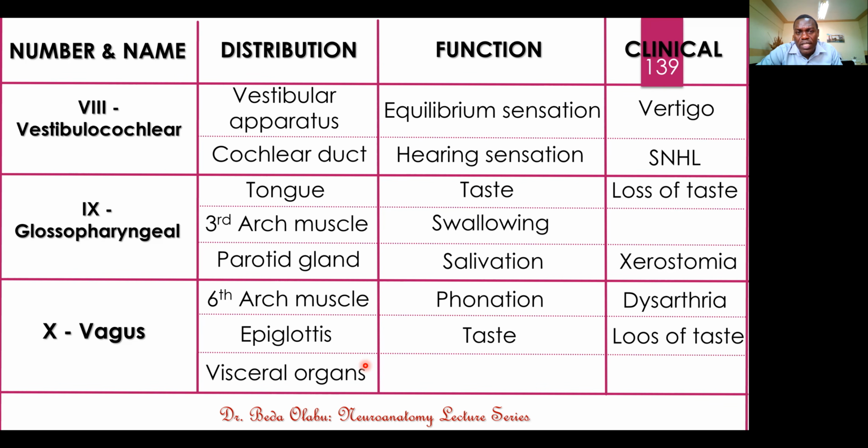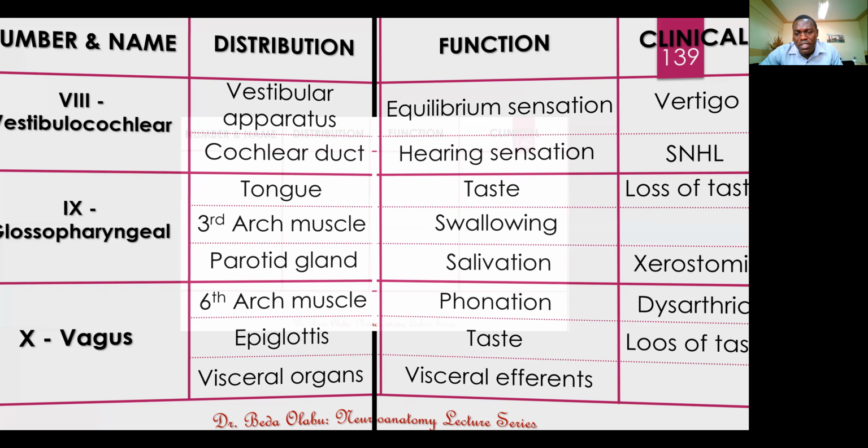So those visceral organs receive the vagus nerve. And what's the effect there? It offers what we call visceral efference. Visceral efference simply means innervation to smooth muscles, innervation to cardiac muscle, innervation to glands. Their autonomic functions.